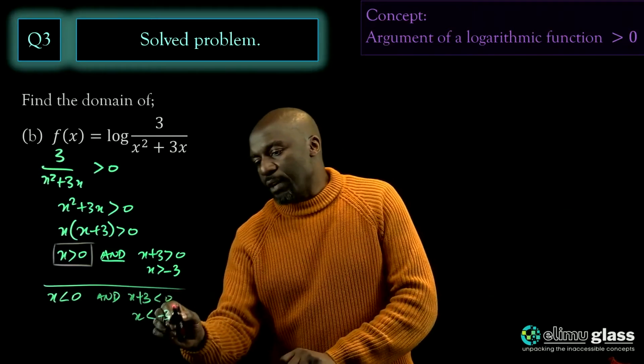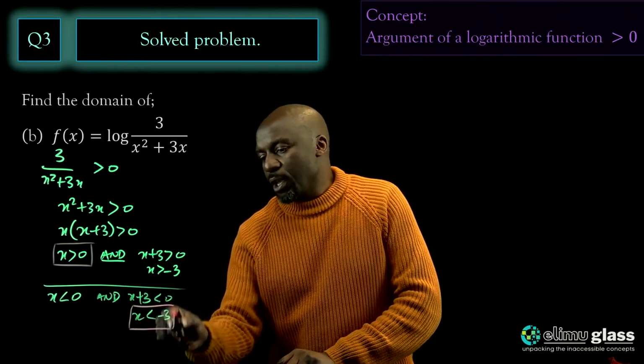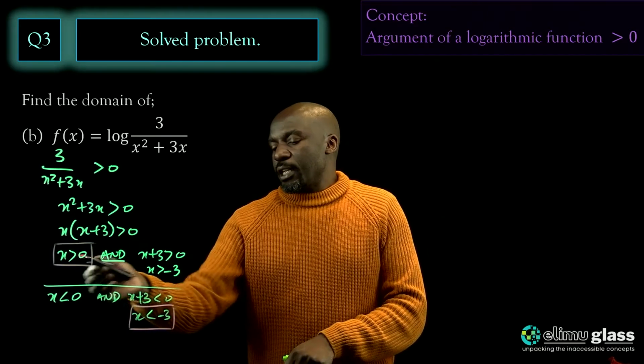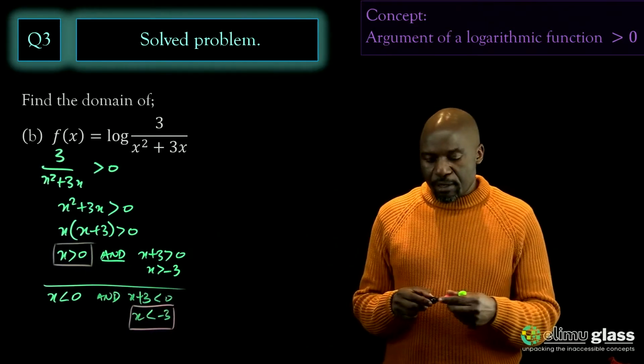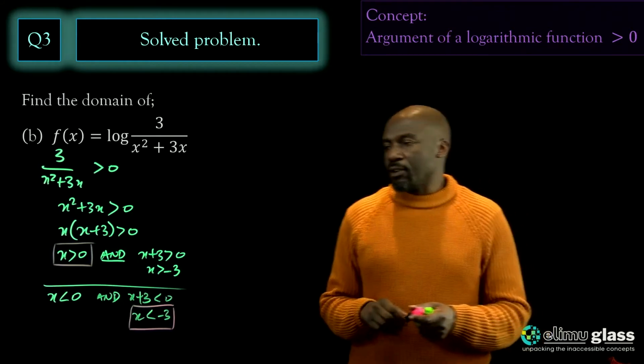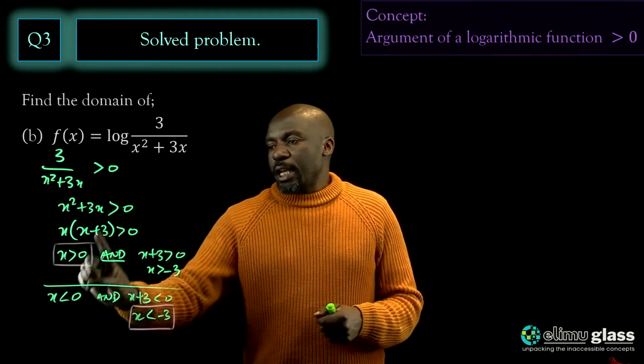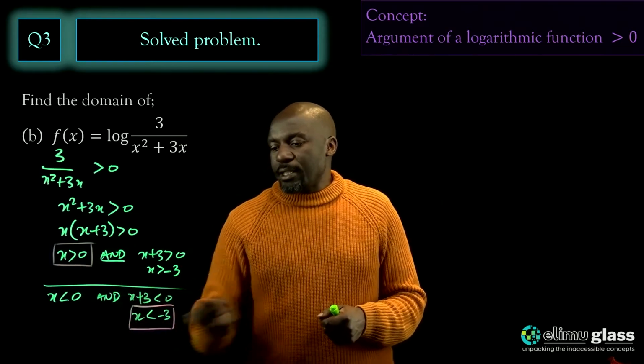Here we would have to take x less than negative 3 to represent both. Therefore, our graph must be such that x is greater than 0 and x is less than negative 3. Okay, so that's going to form our domain. So x is real, greater than 0, or less than negative 3.